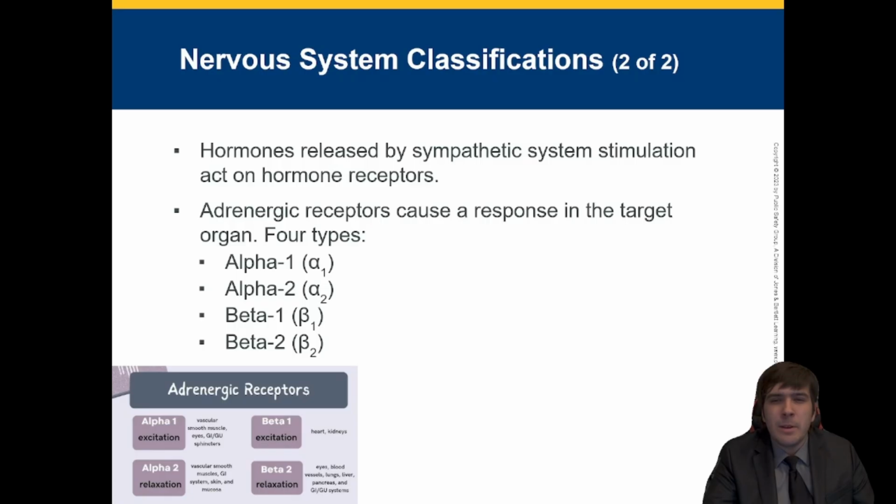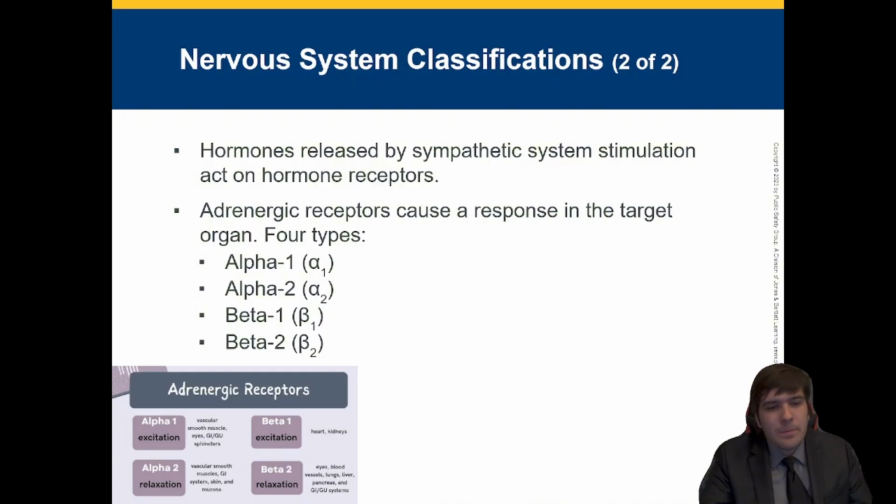Hormones released by sympathetic system stimulation act on hormone receptors. So, as we know, the sympathetic nervous system is fight or flight, and adrenergic receptors cause a response in the target organ. Here are the 4 different types. So we have alpha 1, that's going to be our vascular smooth muscle. It's going to be vasoconstriction.